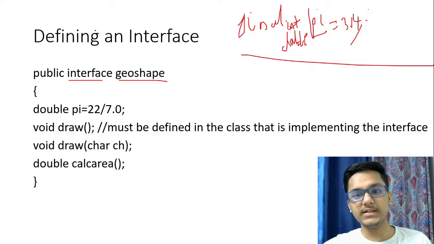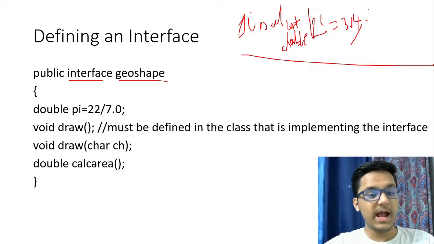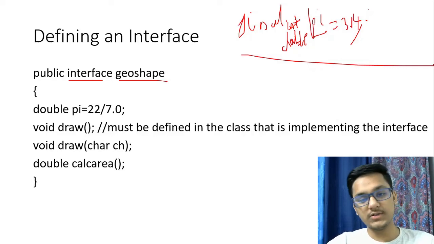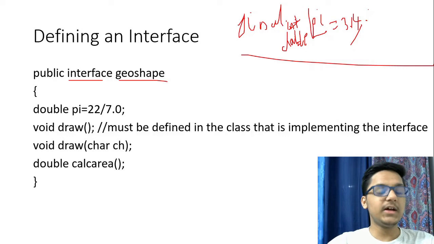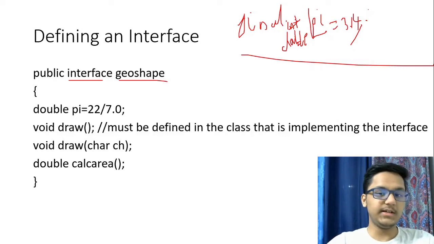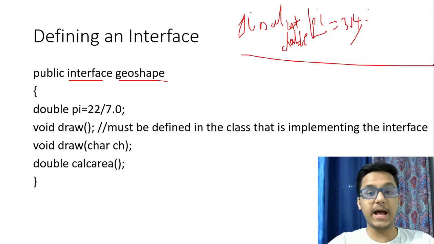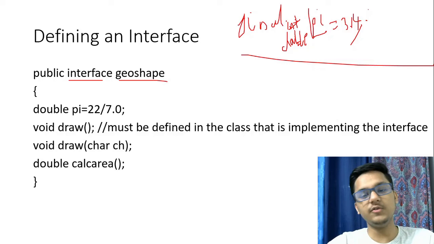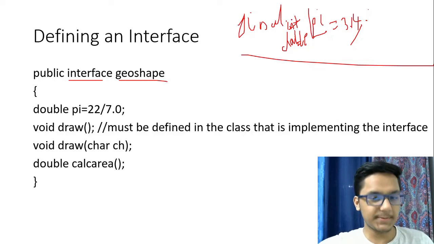In the same way, an interface can only have these constant variables and abstract methods. Since we know they can have only constants and abstract methods, when writing the names of the variables and methods, we don't need to explicitly mention final and abstract, because Java already knows that all the variables will be final and all the methods will be abstract.